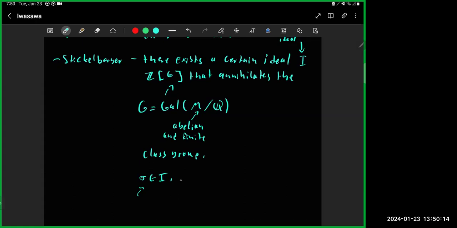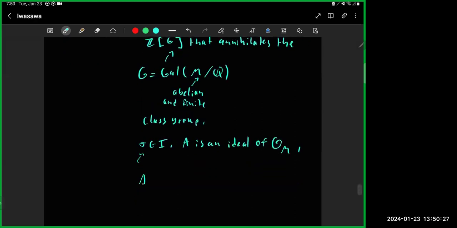So if A is an ideal of O_M, then sigma acting on A turns it into some principal ideal. So this becomes some principal ideal.